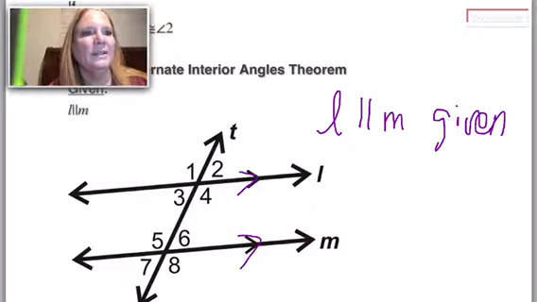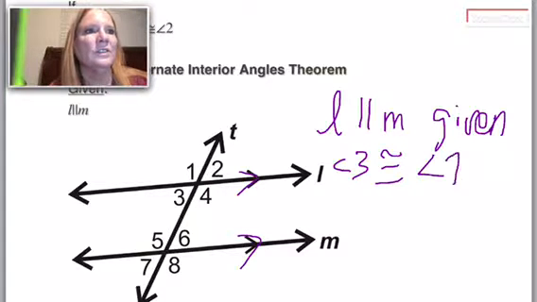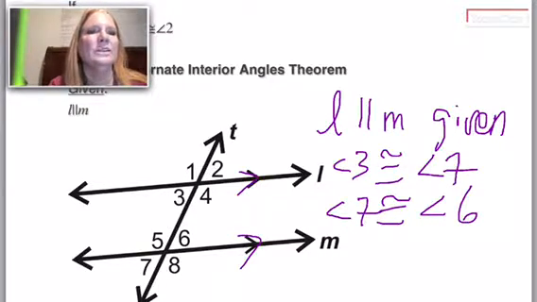We can start by saying that angle 3 is congruent to angle 7 because those are corresponding angles. So the reason would be the corresponding angles postulate. Then we can say that angle 7 is congruent to angle 6, and that is because those are vertical angles. So we can use the vertical angles theorem.